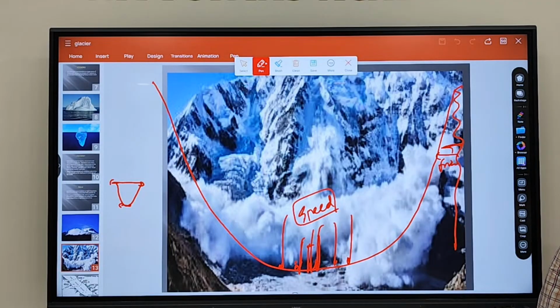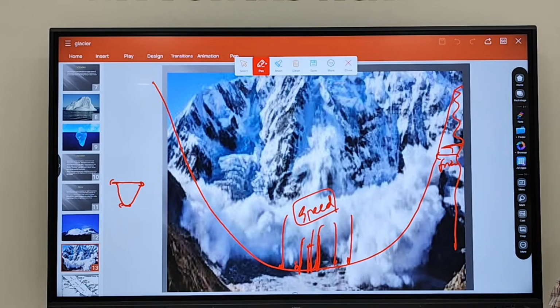This is an avalanche. When a large amount of snow starts to come down, yes, you can call it an avalanche. Clear? But normally also what will happen? Glacier moves down.